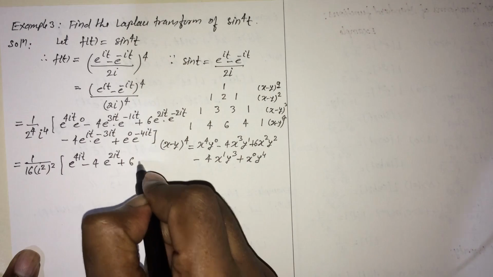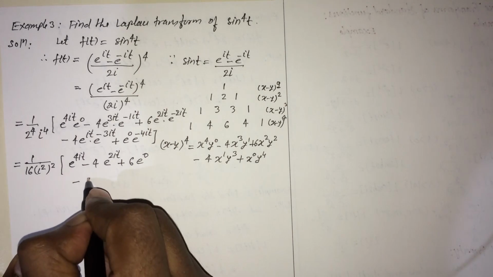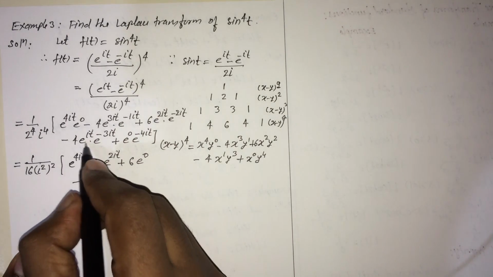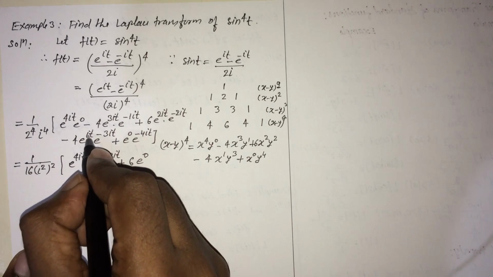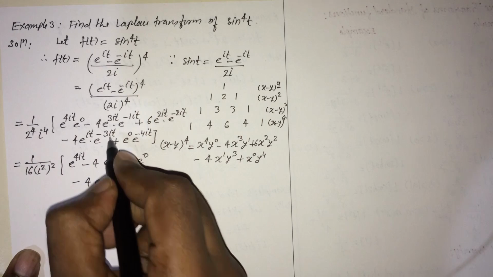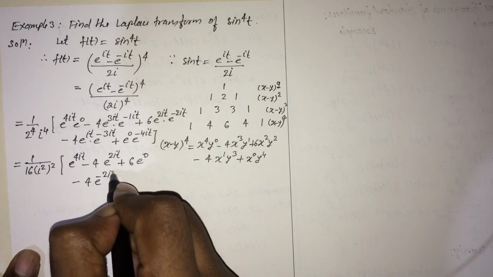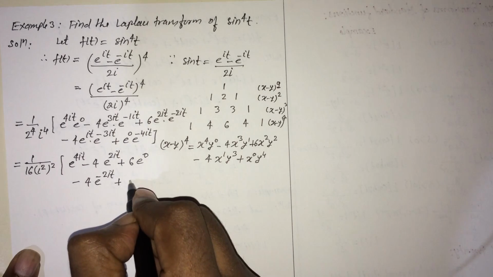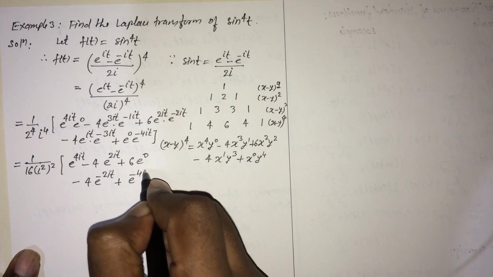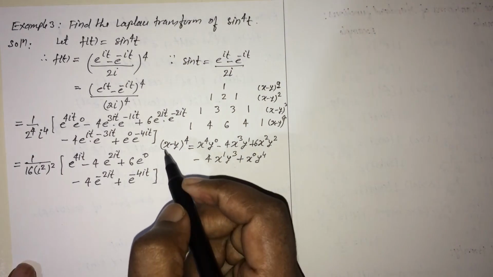So 6 e^0 minus 4, here the base is the same, the powers will be added, e^(it) times e^(−3it), so that is minus e^(−2it), plus e^0 is 1 and e^(−4it). Now close the bracket.